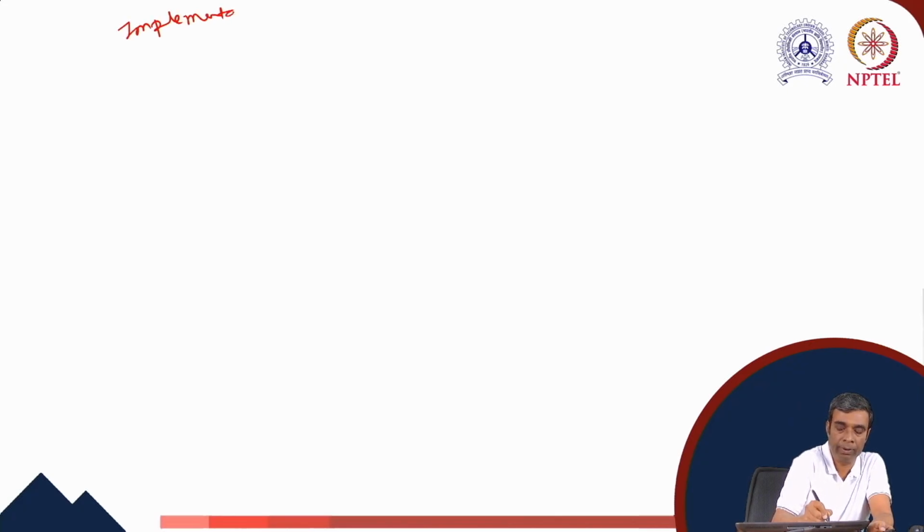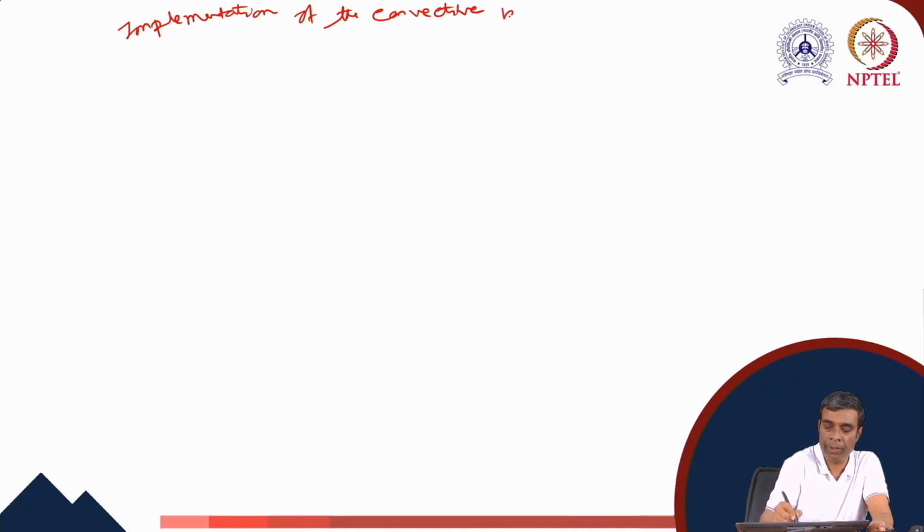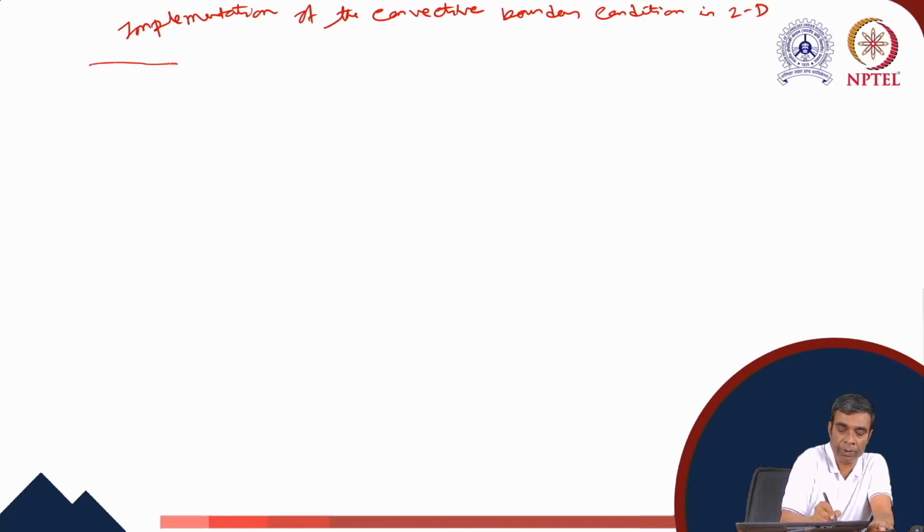Implementation of the convective boundary condition in two dimensions. So let us consider the square domain again. So this is omega, this is x-axis, this is y-axis.